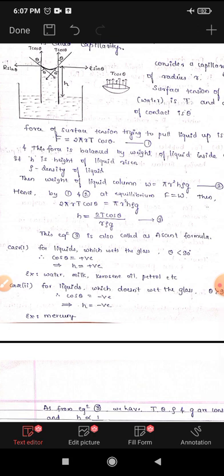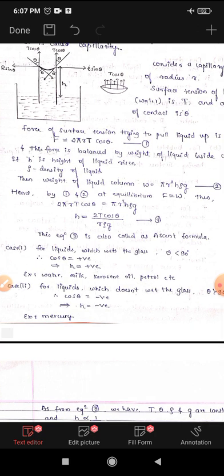So because of this cos theta value, the rise in the capillary will be positive. So for liquids which wet the glass, the height is positive. Examples of such liquids are water, milk, kerosene, petrol, etc.